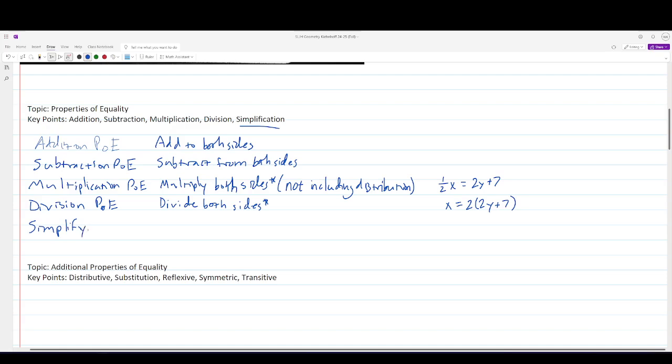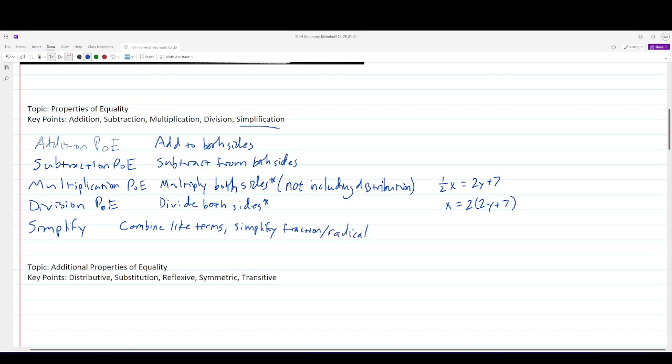So we can use simplify as a reason, and we do that for several things. We do it mostly for combining like terms. We can also use it if we need a step where we simplify a fraction or radical.